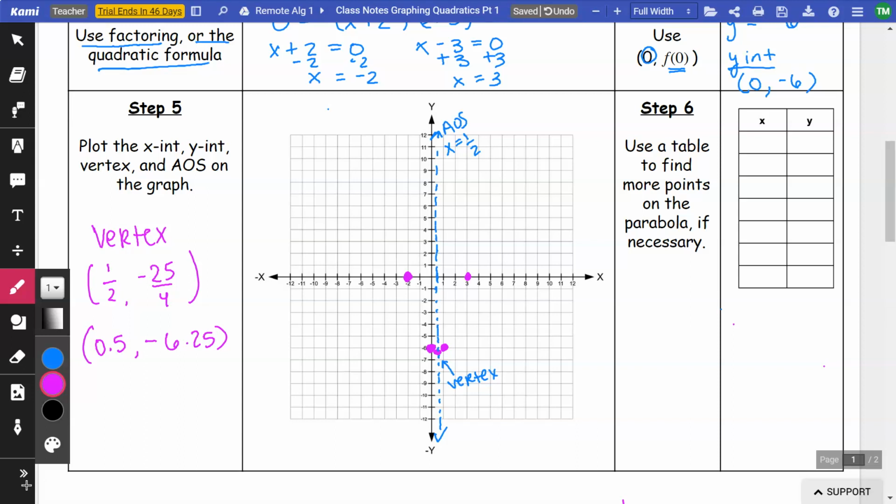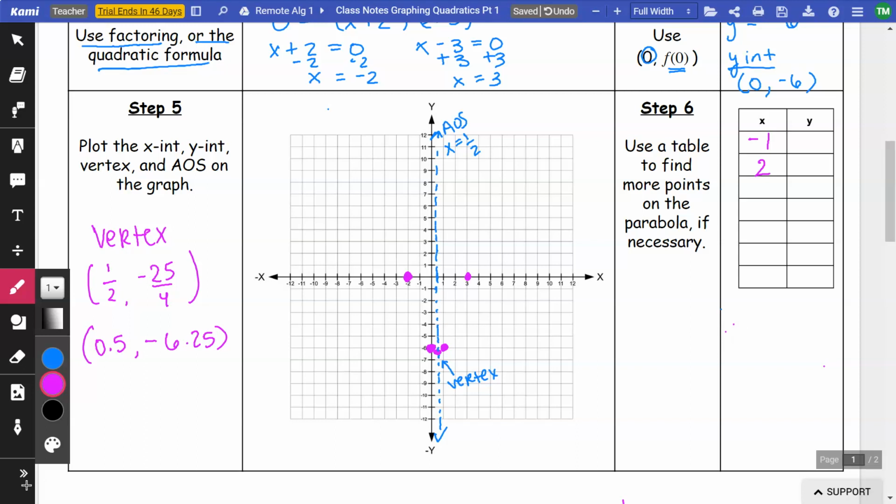Negative 1 would be between 0 and negative 2. So I'm going to plug in negative 1 for x and find the y value of that point so I can plot it. And then between this point and 3, this is an x value of 1, this is 3, we could plug in 2, just to see what the parabola does between those 2 points.